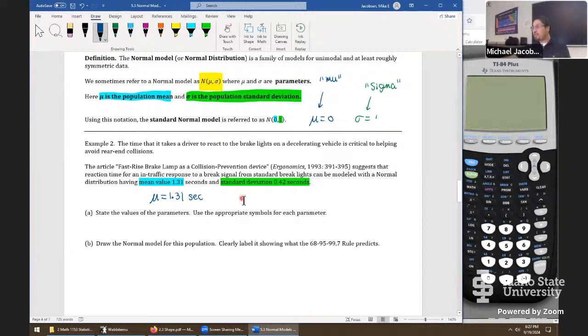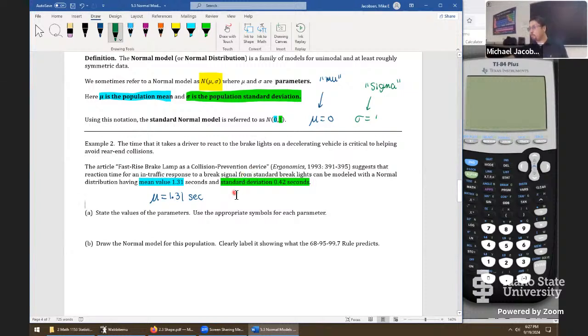Probably not, but we're trying to model data. We're modeling a population of all the brake times that you could possibly get, with this as the best guess of the mean of the population. We're not saying it's exactly that value. In most cases, these are always unknowns, and we just have approximations. But we're using mu because we're treating this as a parameter. We're describing the population now.